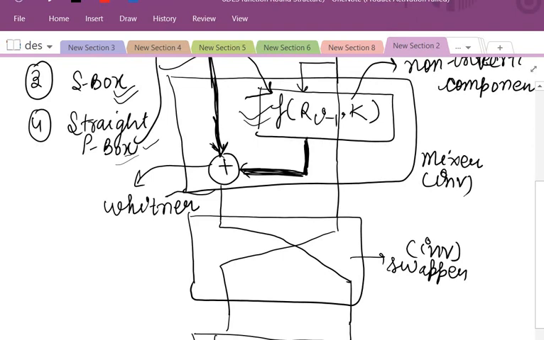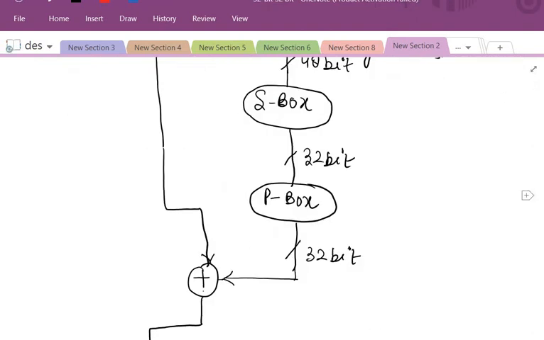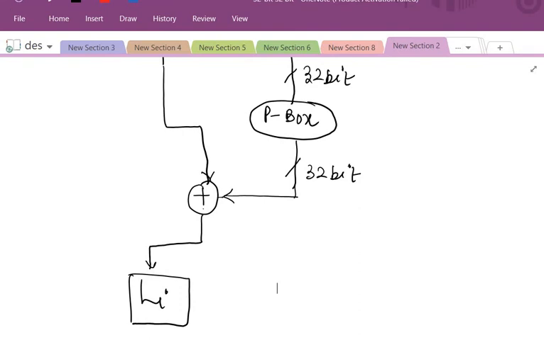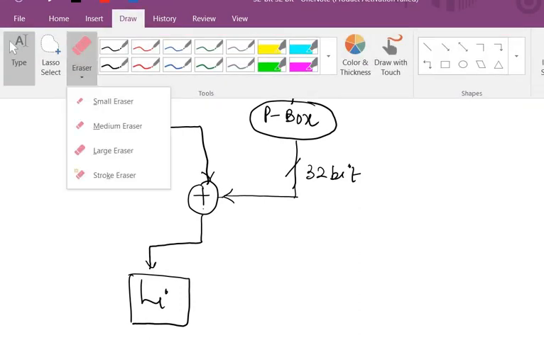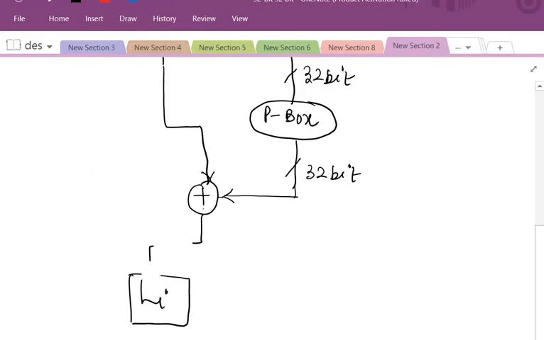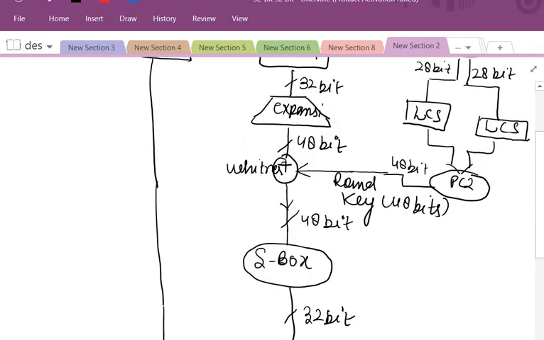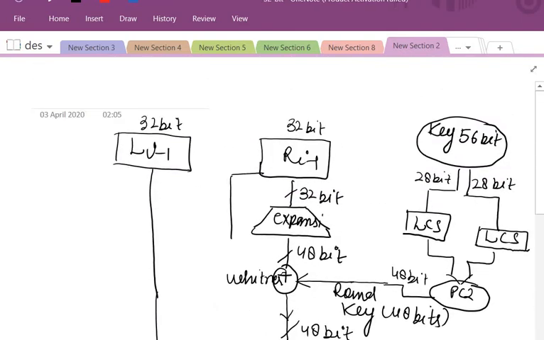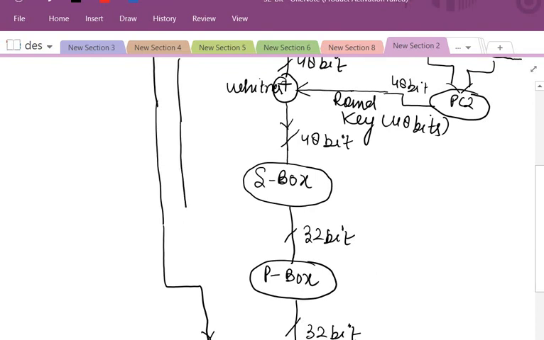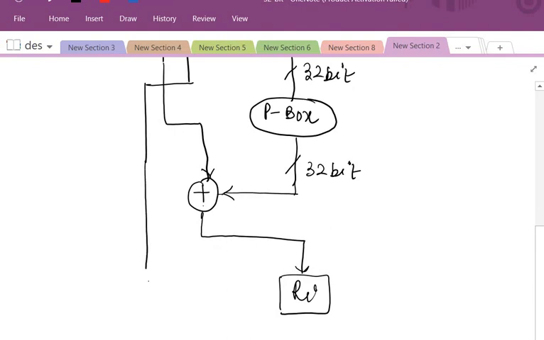After performing the XOR operation, it will become the right hand side Ri, and the direct one from the right hand side will become the left hand side.